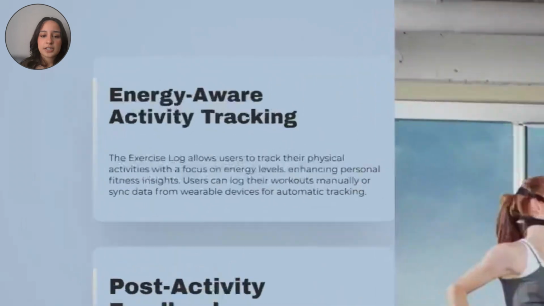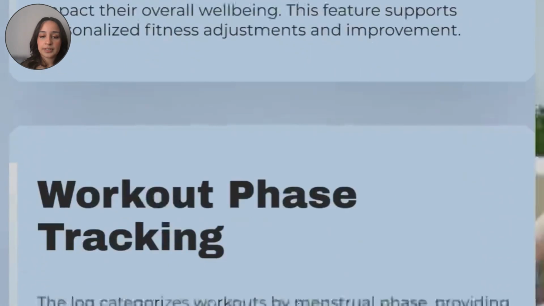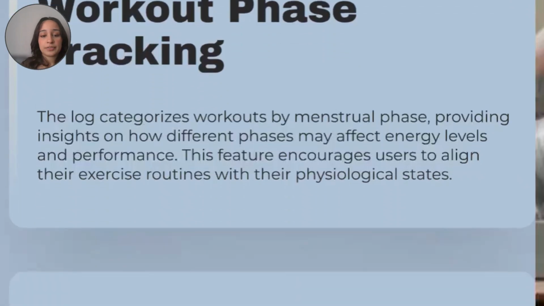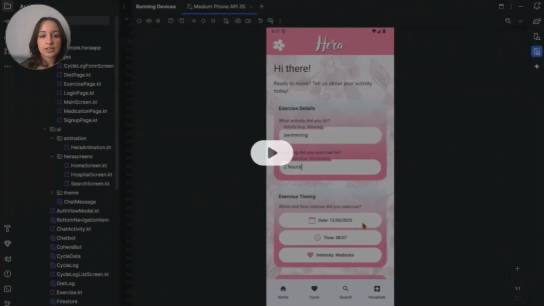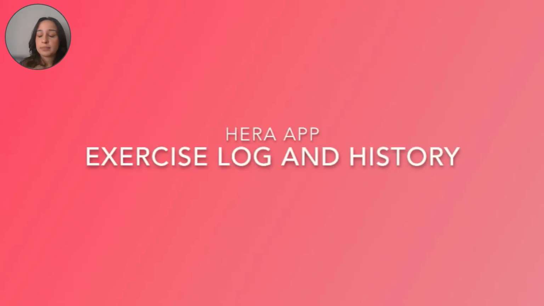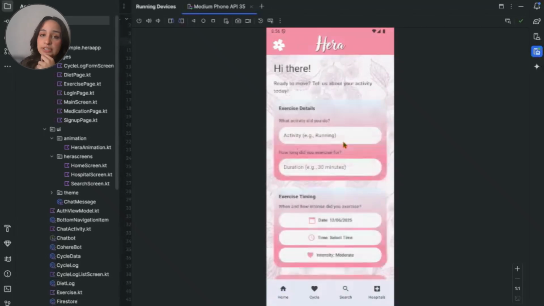So the exercise log feature will track their activity, give feedback, workout phase tracking, and then give suggestions. The module is handled via exercise page Kotlin, built still with Jetpack Compose for the front end. The screen logs daily physical activities and syncs with mood, symptom tracking, and other modules.